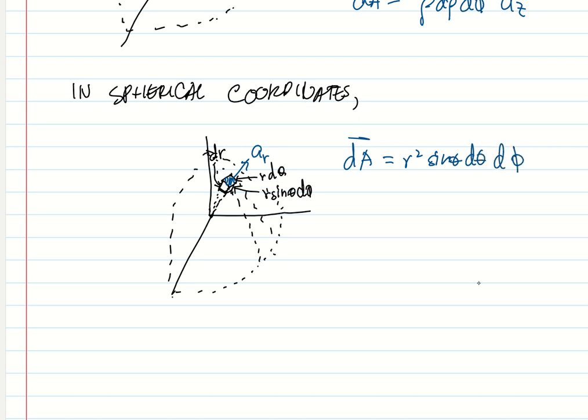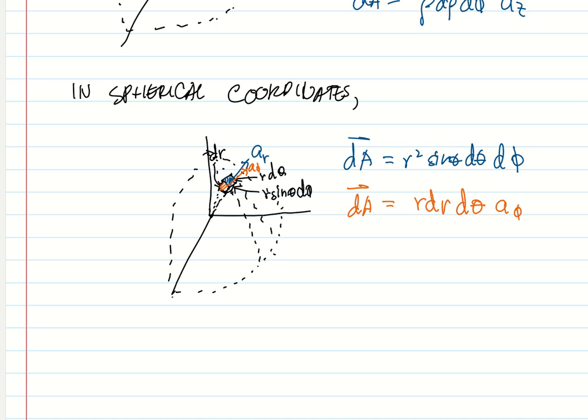For the other differential areas, just like this one, it will be in that direction. There should be a phi direction, positive a phi. That area, dA now, will be equal to what are the lengths? dr, and we have this one, r d theta. So dr times r d theta. So this is r dr d theta in the phi direction.